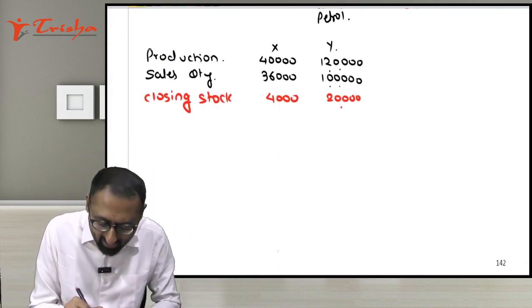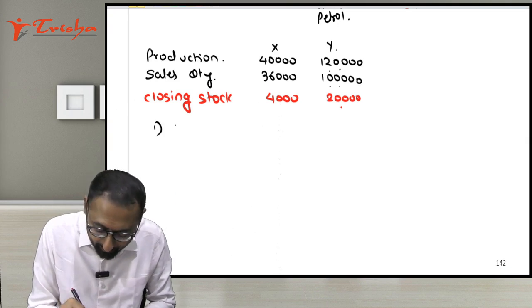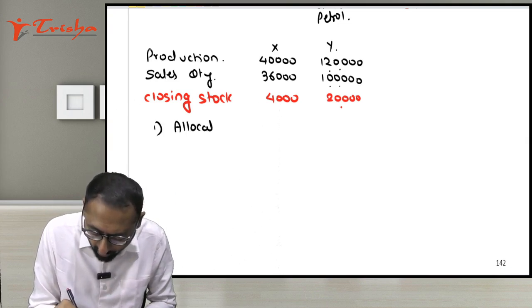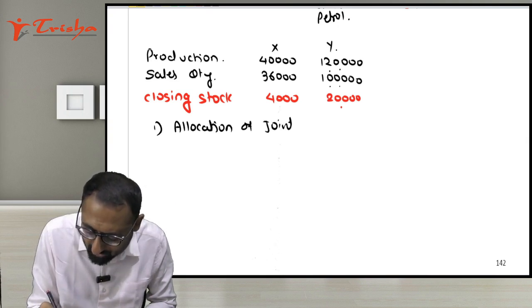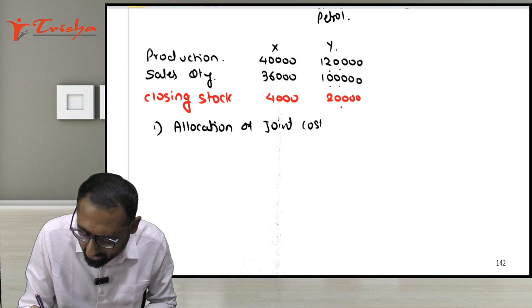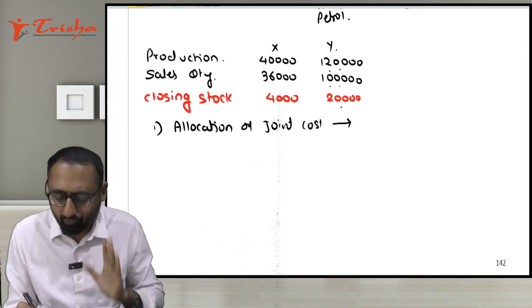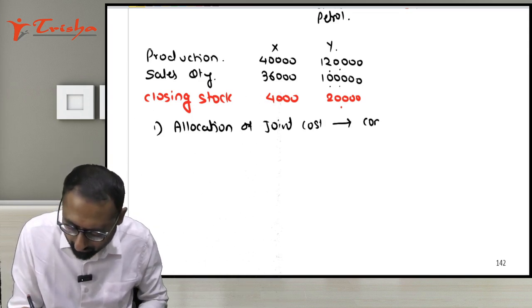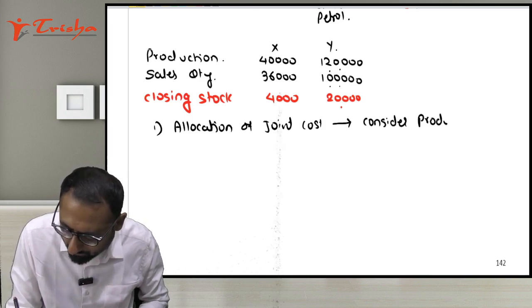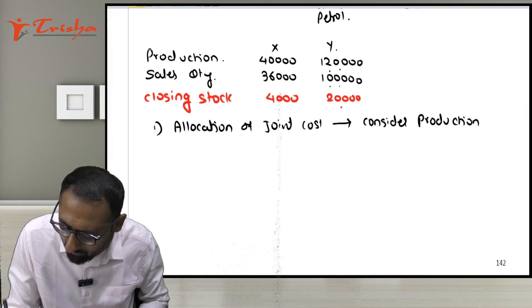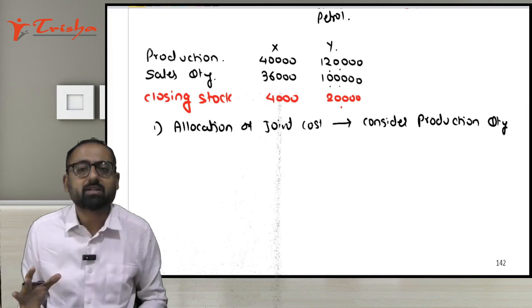The first thumb rule is that for allocation of the joint cost, you'll have to consider production quantity. Remember, Sirji.